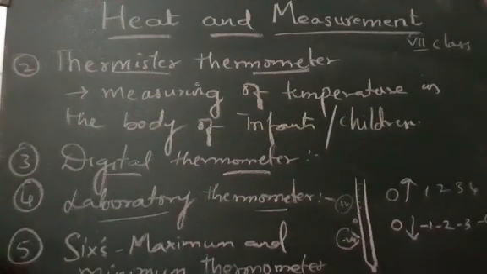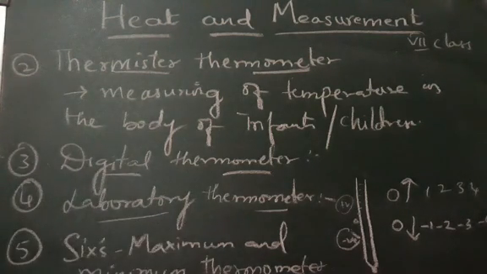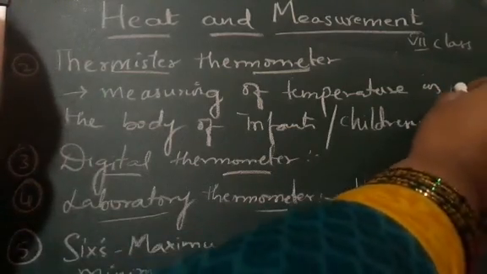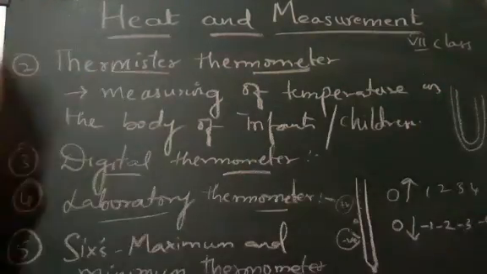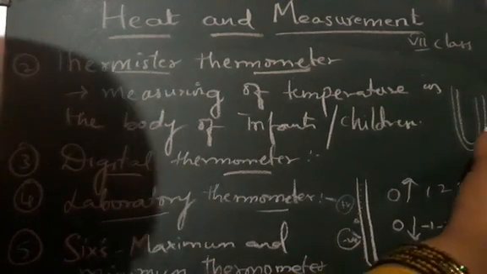This Six's maximum and minimum thermometer has a different design: it is in a U shape. One end of the U shows the minimum temperature and the other side shows the maximum temperature, the lowest temperature and the highest temperature. Here you can find the mercury level.